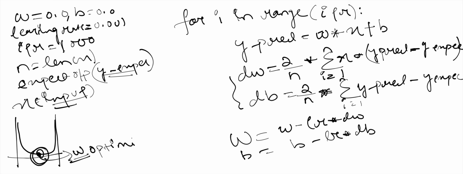Now, it's not like we always directly start from here. We always take a random W. In our case, we have started at 0.0. Suppose in this graph, when we're starting, initially our W lies here.